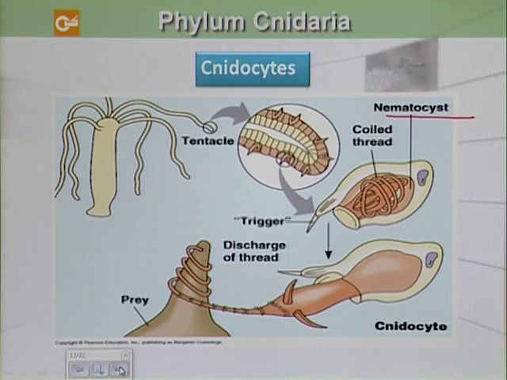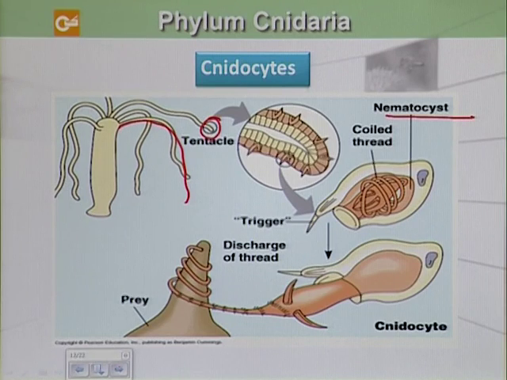Actually, the mouth is surrounded by the tentacles, and when we take a section of the tentacle, we can see that these bear stinging cells or nematocysts, which are organs of defense.